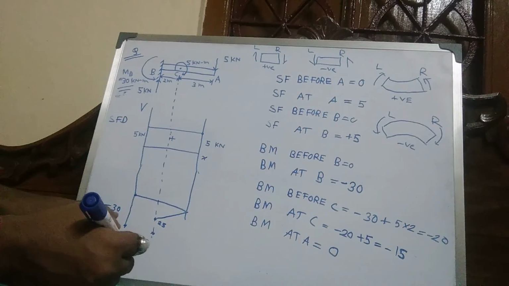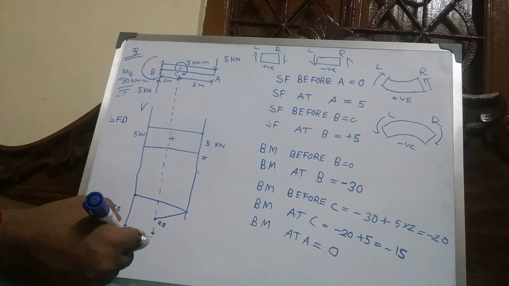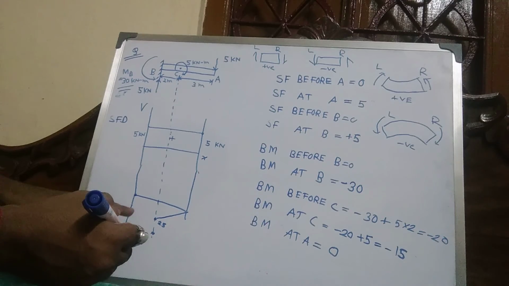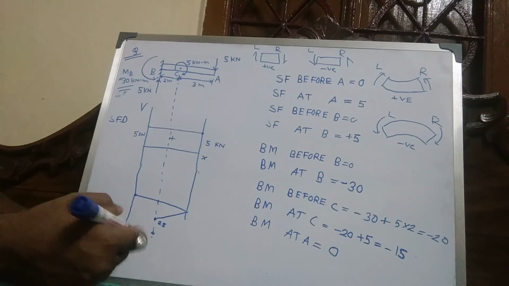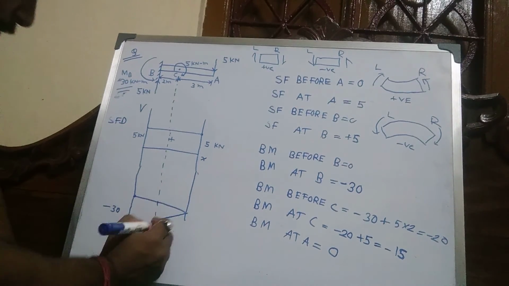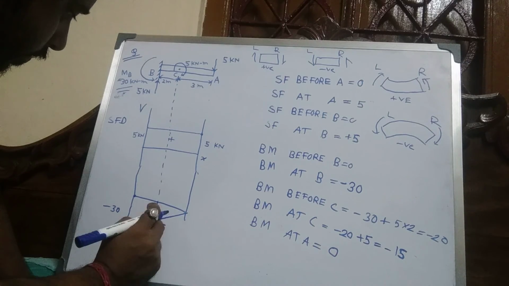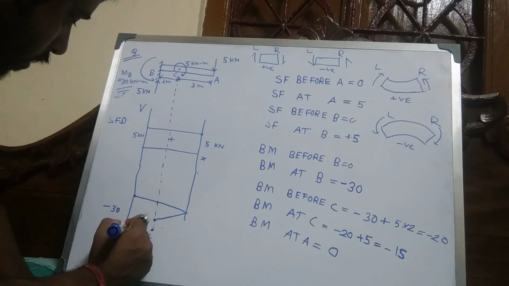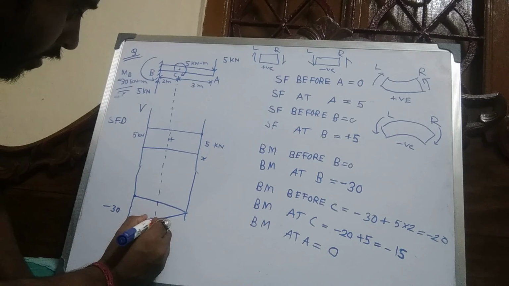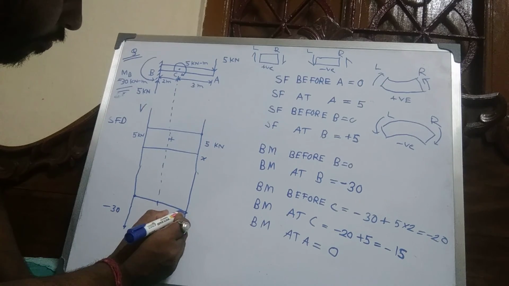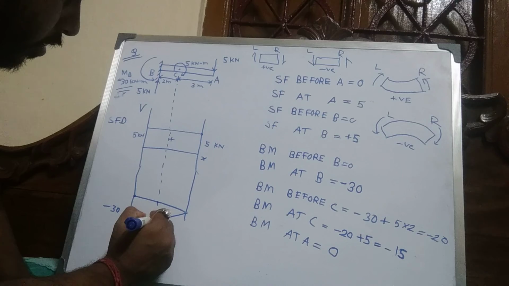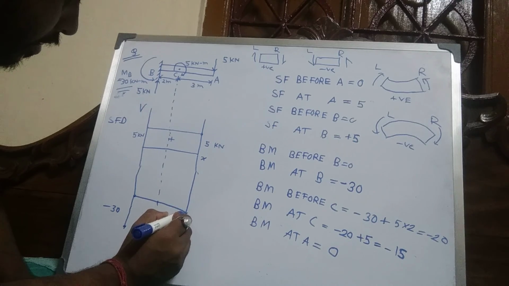Suppose bending moments before B 0, at B is minus 30, before C minus 20, and this is minus 15, and at A is 0.